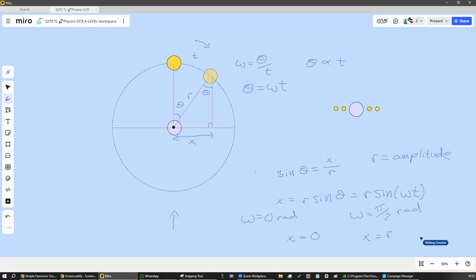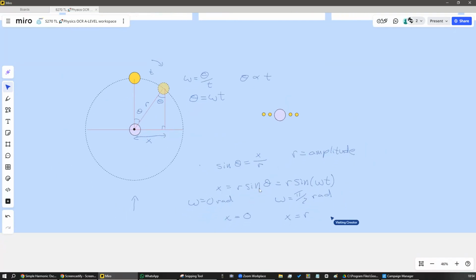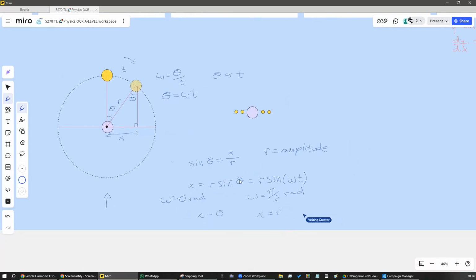And so we could rethink the equation for simple harmonic motion as x is equal to the amplitude, maybe you could call this x0, sine omega t.